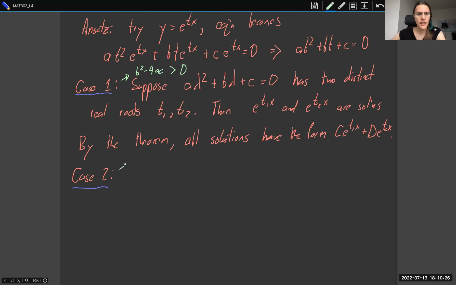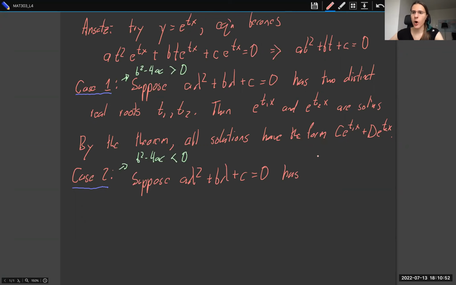Case 2 is going to happen when b^2 - 4ac is less than 0. This is the case where we have imaginary roots by the quadratic formula. Suppose a lambda^2 + b lambda + c = 0 has a pair of complex conjugate roots.